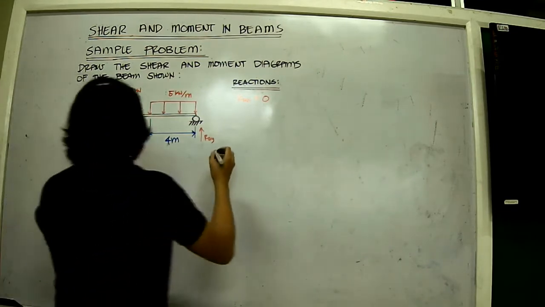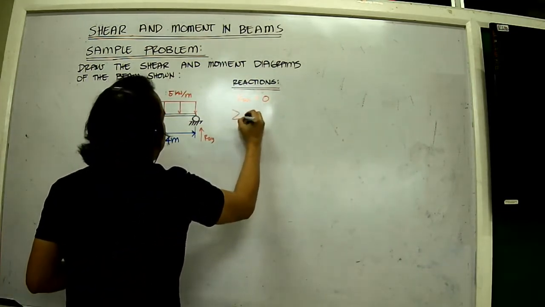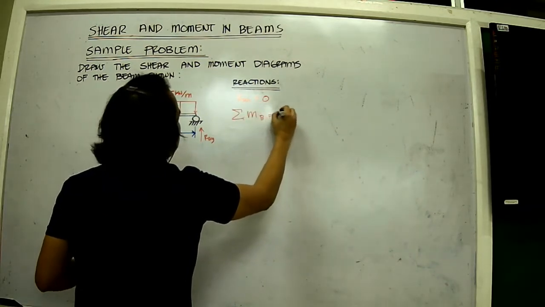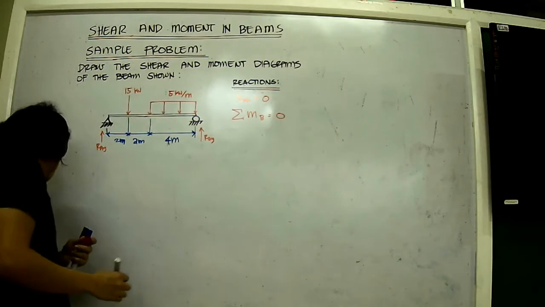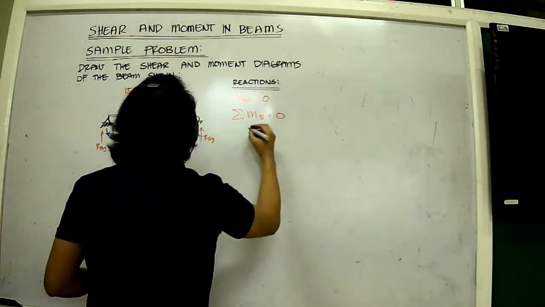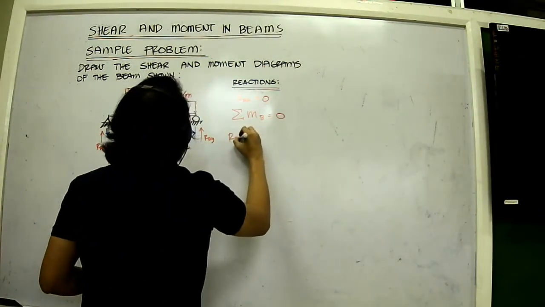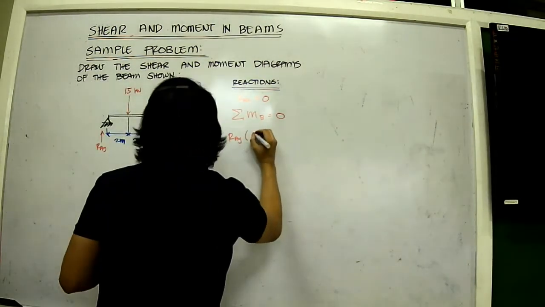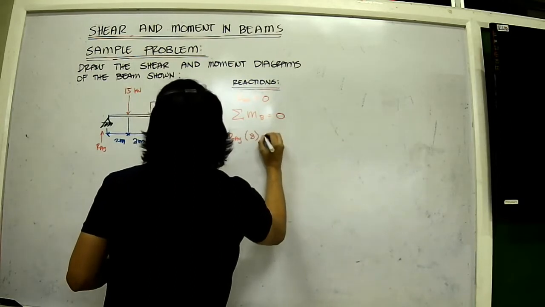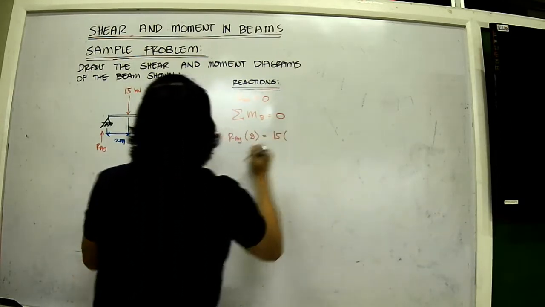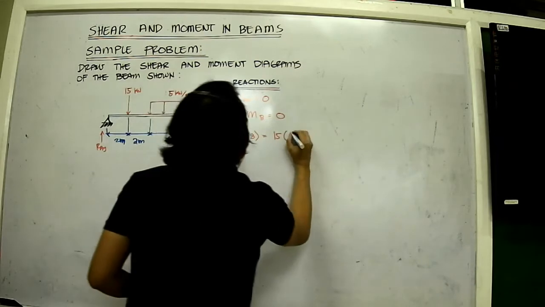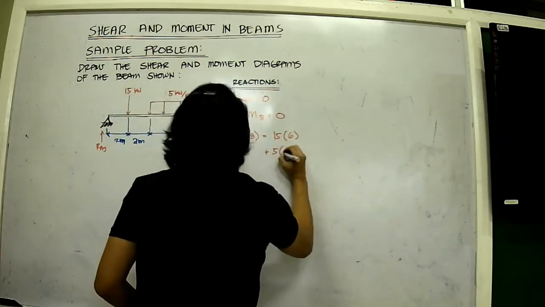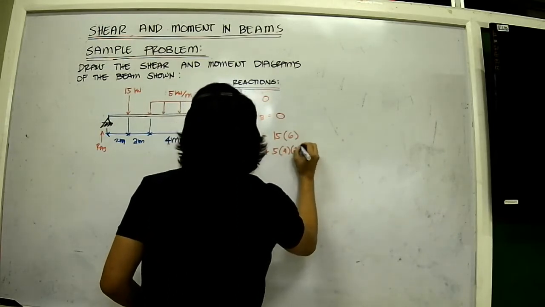Talking about RAY, we sum up moments at B equal to 0. So RAY multiplied by 2 plus 2 plus 4, that is 8, is equal to 15 times 6, plus 5 times 4 times 2.